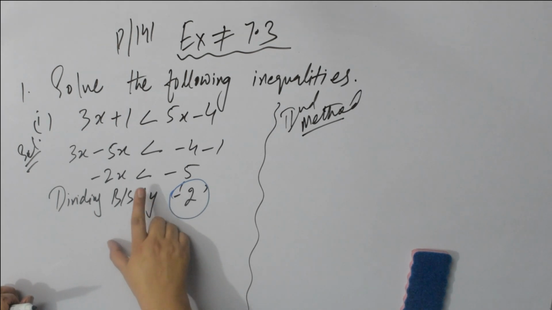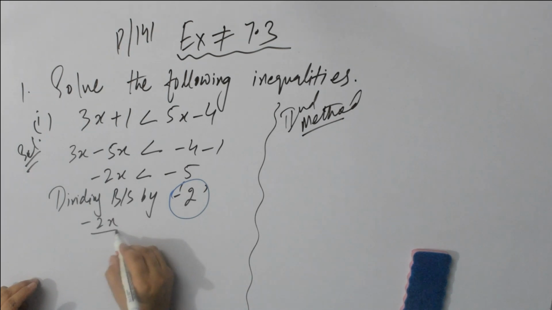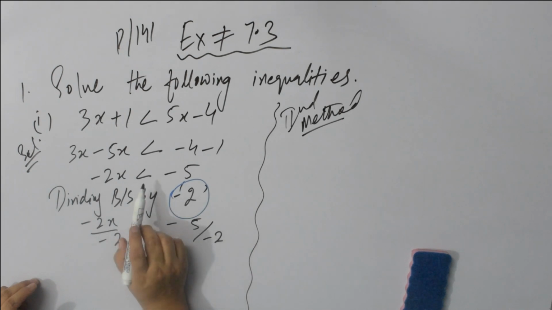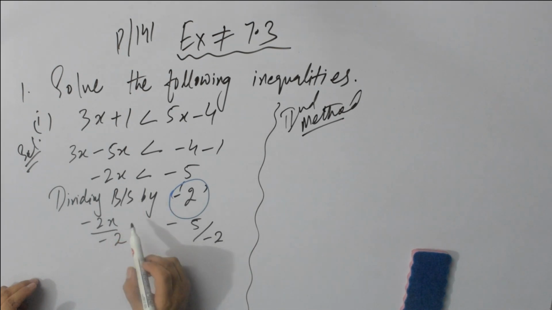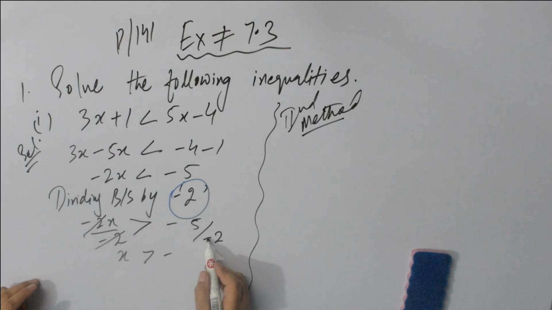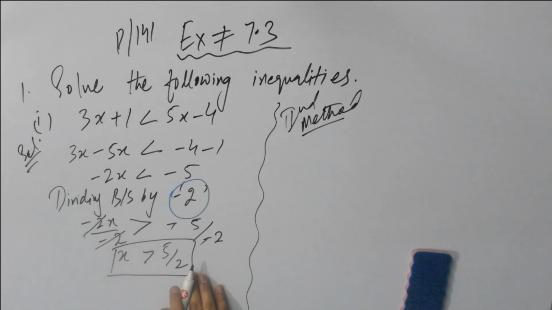You will change the sign of inequality. So it becomes -2x by -2, minus 5 by -2. Students, this inequality will be reversed from less than to greater than. So they cancel, minus cancels with minus, x is greater than 5 by 2. This is the value of x.